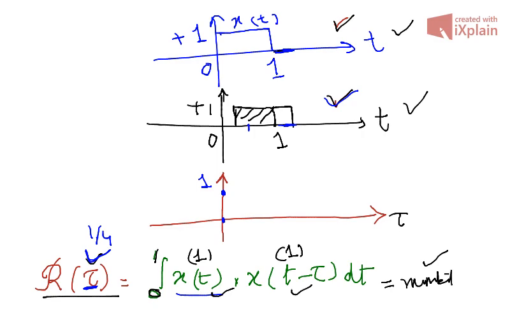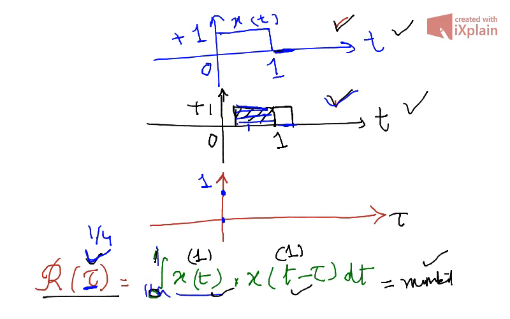So we get the multiplication result only for this area, where it is 1 and that is also 1. The integral limit is from 1 over 4 up to 1, so our limits, which are from 0 to 1, effectively are from 1 over 4 up to 1.